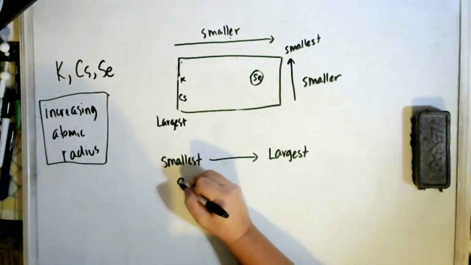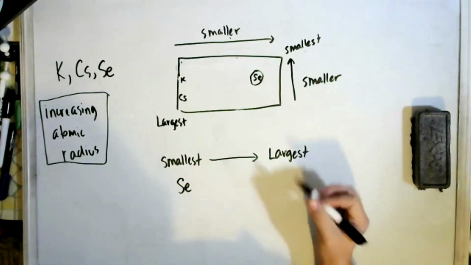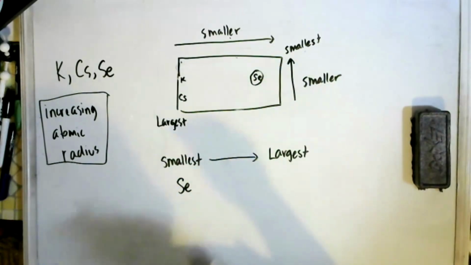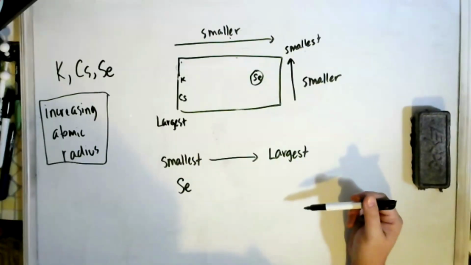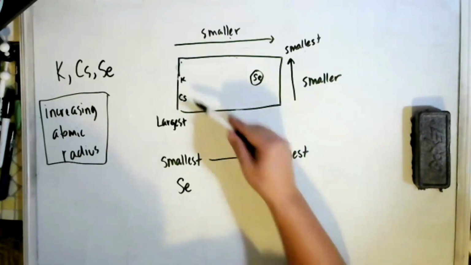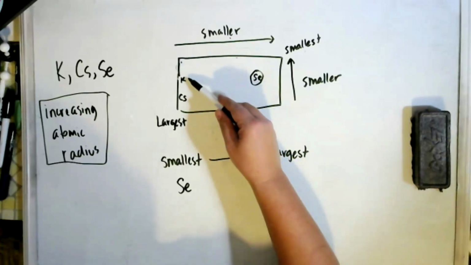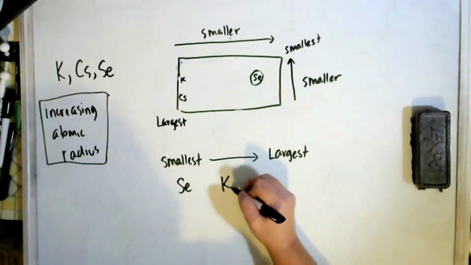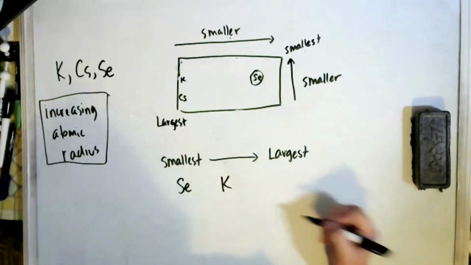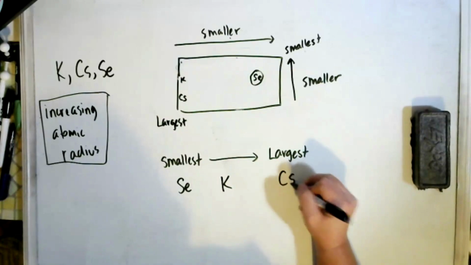After selenium, now that I've picked out my smallest one, I'm going to compare potassium and cesium. They're in the same column, so I'm going to look at whichever one is further towards the top, because that's going to be the smaller one. And then my largest one is going to be cesium.